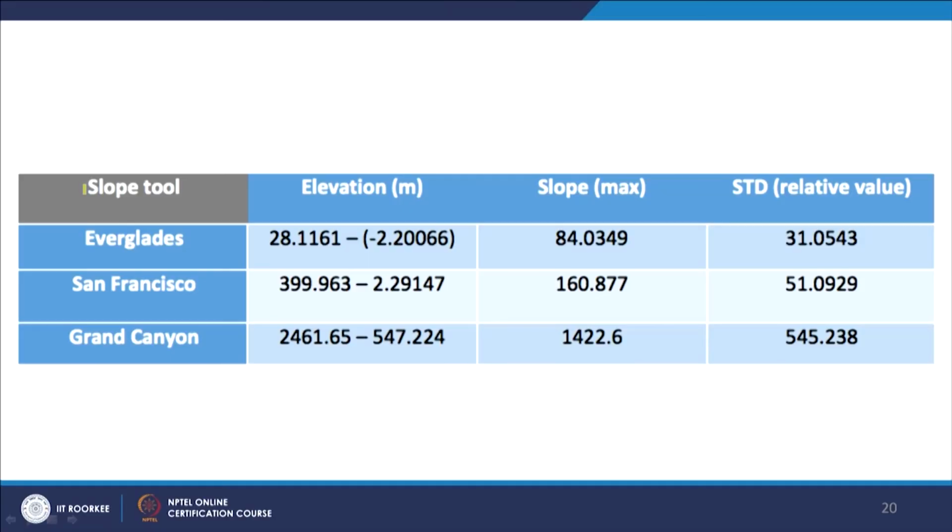And the last one is the slope tool, which is available in ArcGIS in the Spatial Analyst extension or toolbox, and there it may give you different calculations. So with this I end this discussion by repeating one important thing: no matter whichever method you employ, you first take care about the Z factor.